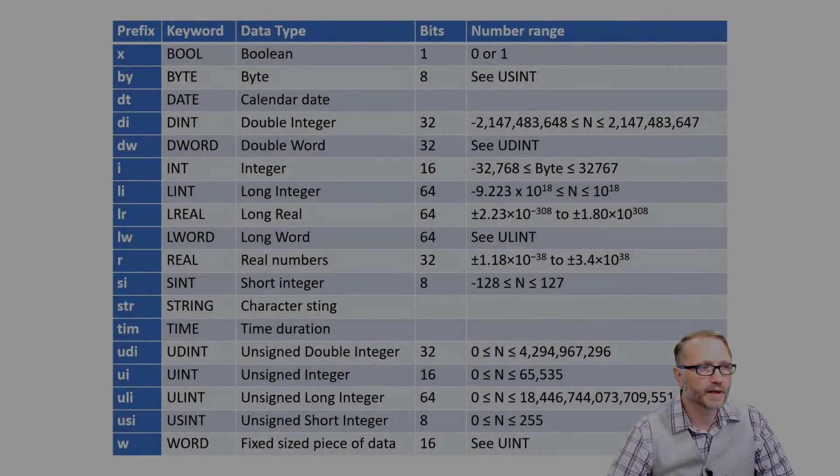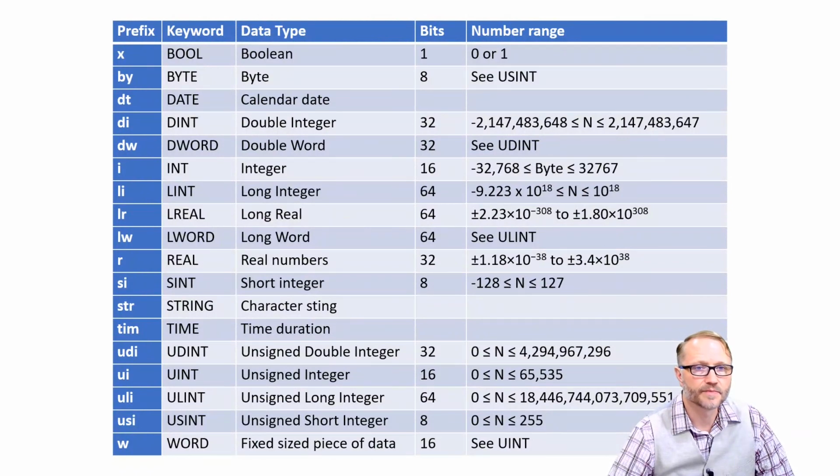Before we move on, I wanted to circle back to this table, and I wanted to talk to you about these prefixes. Since our very first line of code in this class, I've insisted that you use the prefix X for Boolean. At this point, I expect you to use all of these other prefixes as well.